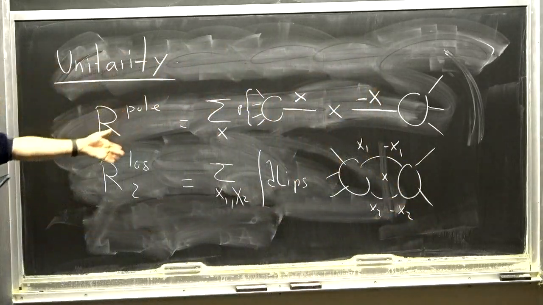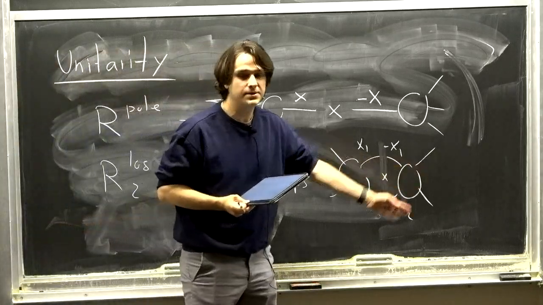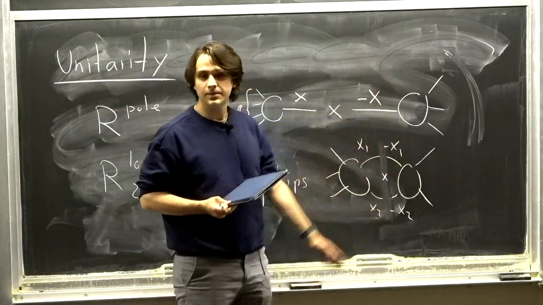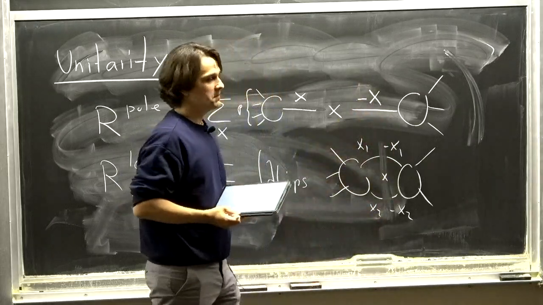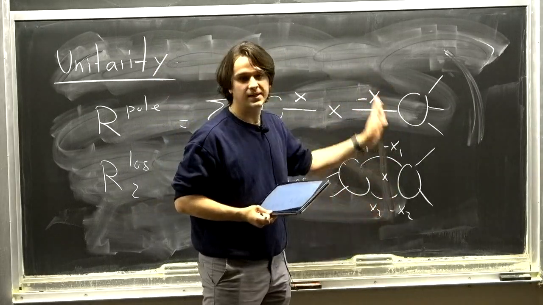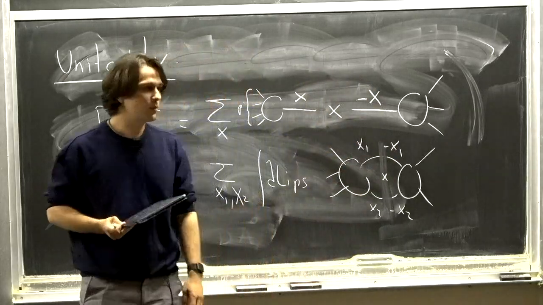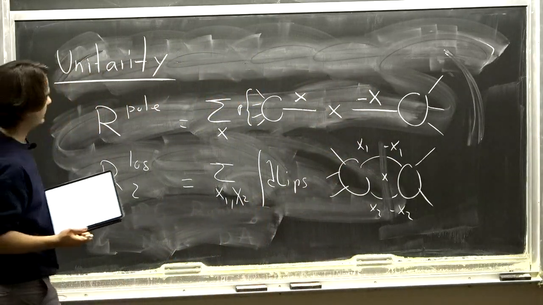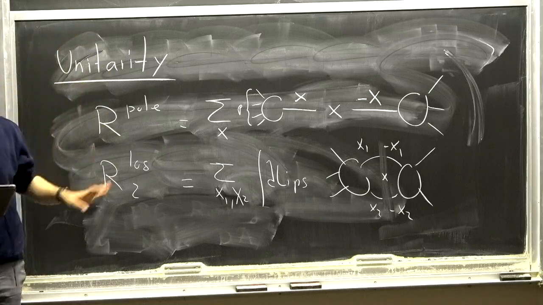So again, the coefficient of the log is fixed by unitarity. So if I have these lower particle amplitudes, I can glue them. I can compute some unitarity cut where I just sum over the phase space and over all of the particles that can cross this thing, all of their helicities, all of their spins, whatever I have in my theory, and that predicts the coefficient of this log. And that will be extremely important when we start talking about RG and all of these things.